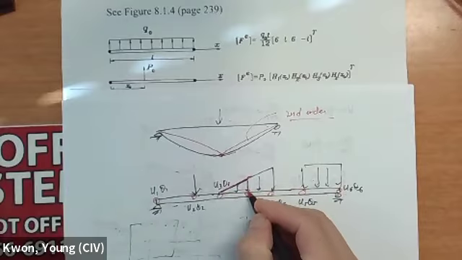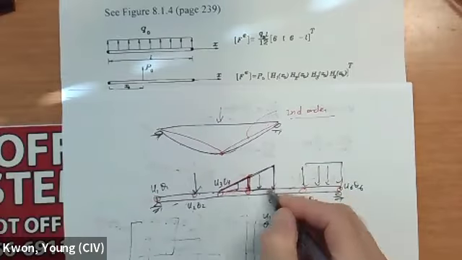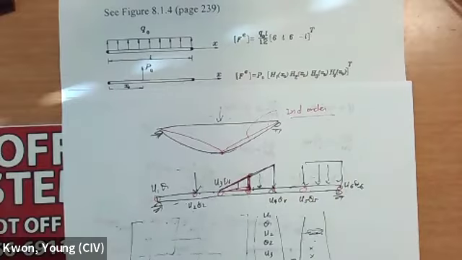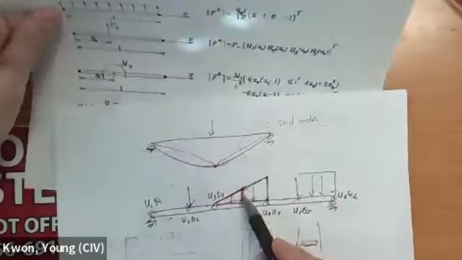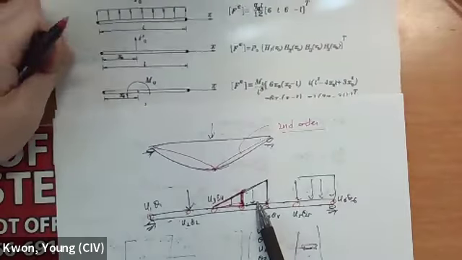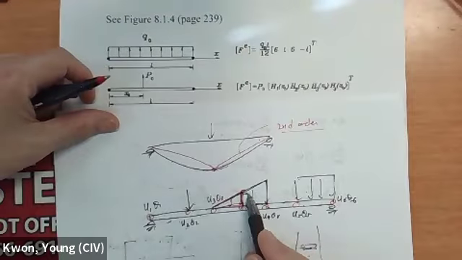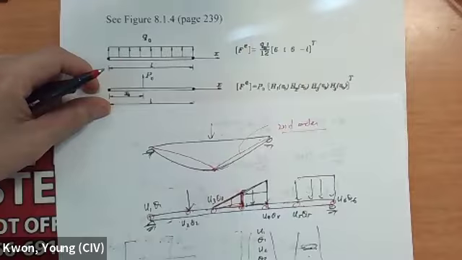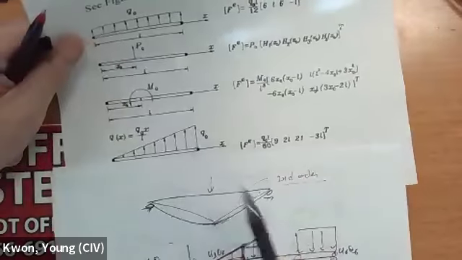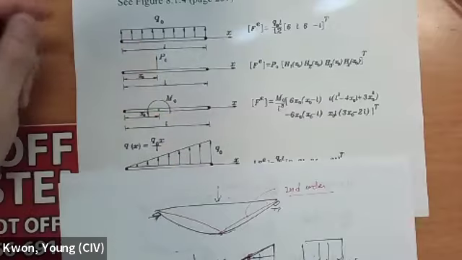This element is going to have this load, and this element is going to have this load, right? So this one is the same as this one. Again, the sign is opposite, but same as that. What about this one? This one is a trapezoidal shape. What can you do? Break it into two pieces, right? This comes from here, again on the opposite side, and this comes from here, again on the opposite side. You add them together, and that's going to be the total column vector, right?